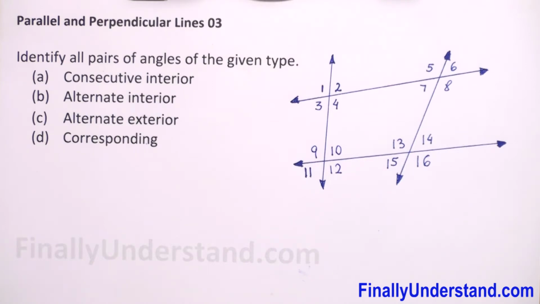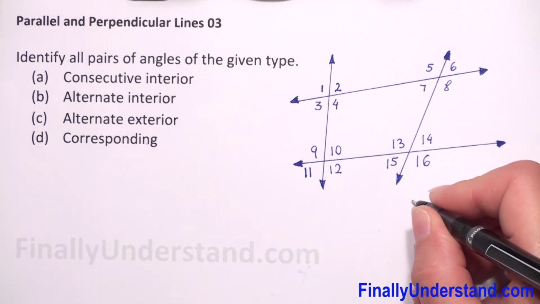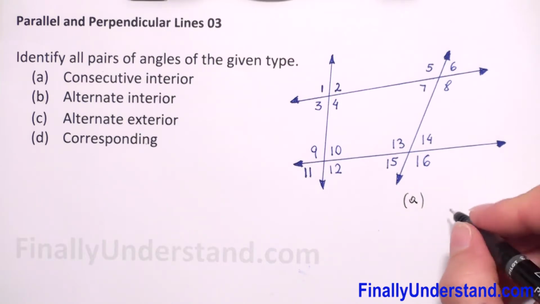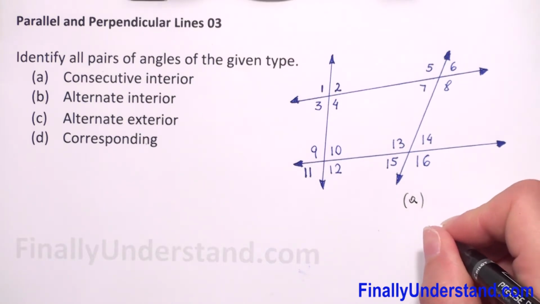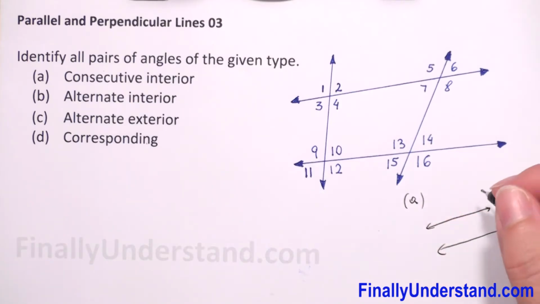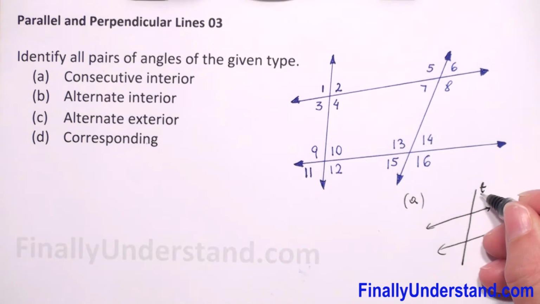So let's draw an example. A simple example to a, consecutive interior. When we have two lines and these two lines intersect, this is our transversal line.